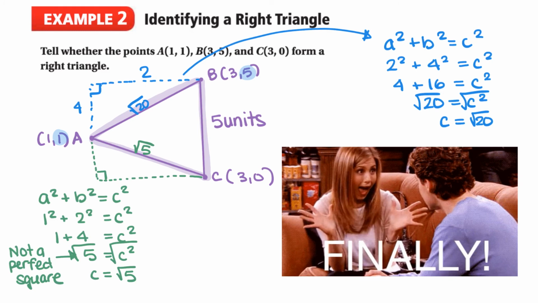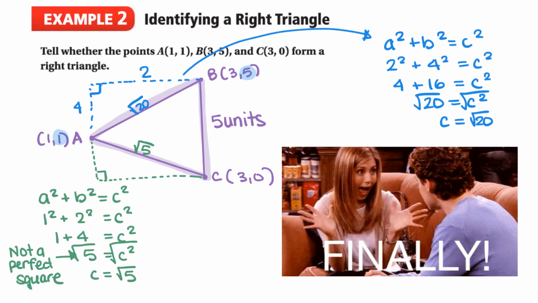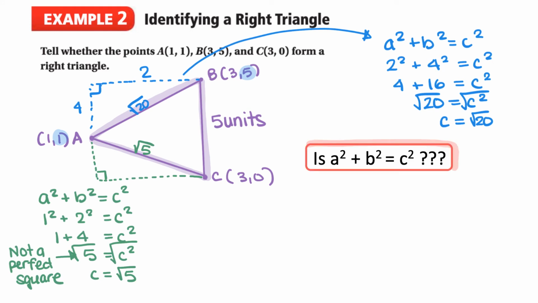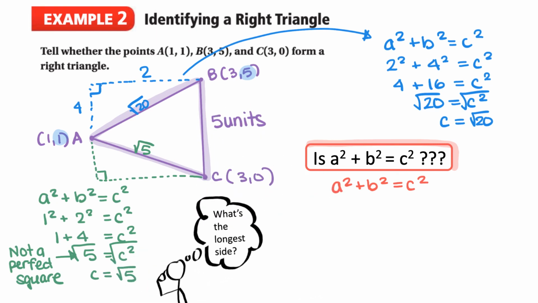So now our triangle finally has all 3 of its sides, so now we can do the test. Does a squared plus b squared equal c squared? So we can do our formula again. Now remember, we have to figure out what the longest side is, right?